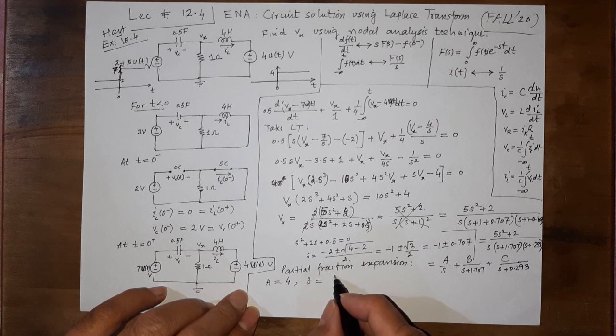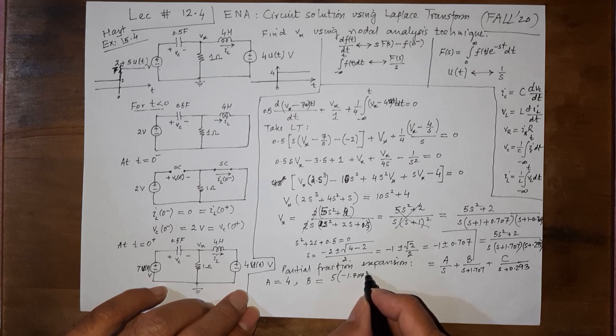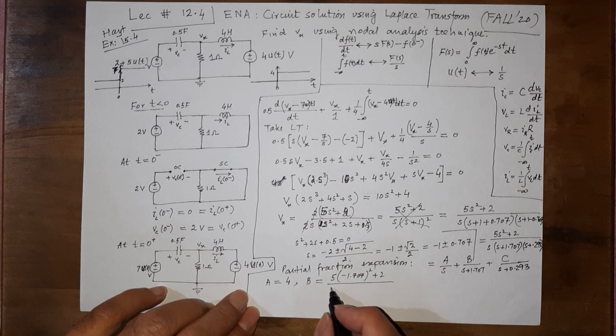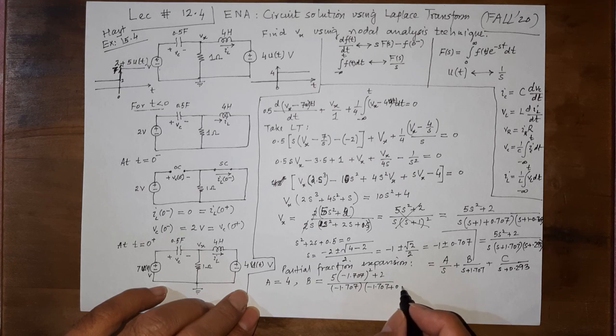So we are going to get 5 into minus 1.707 square plus 2 over s, which is minus 1.707 into minus 1.707 plus 0.293.